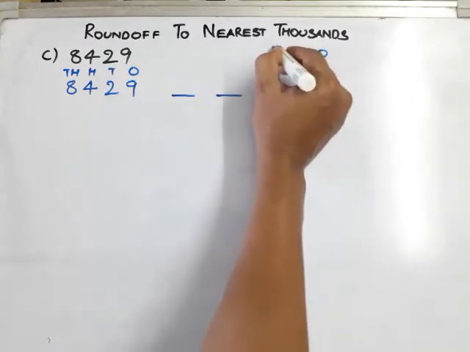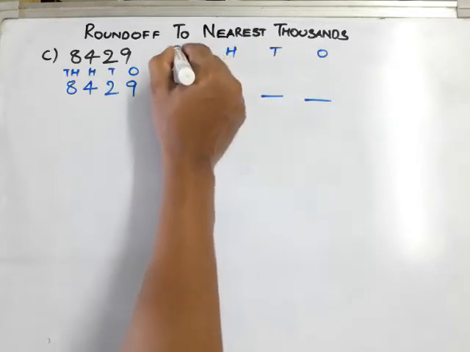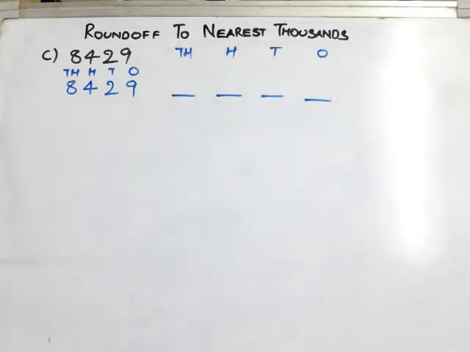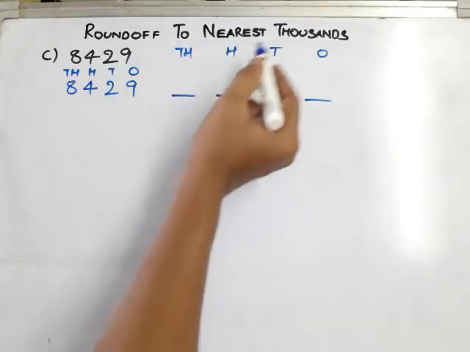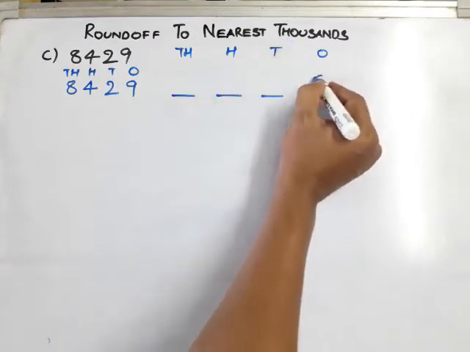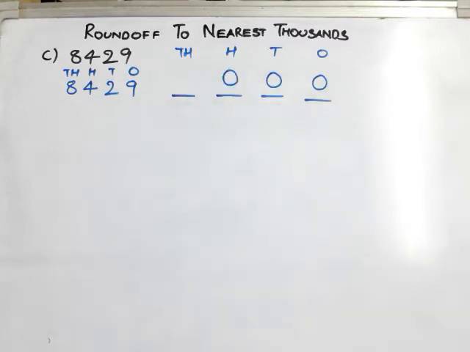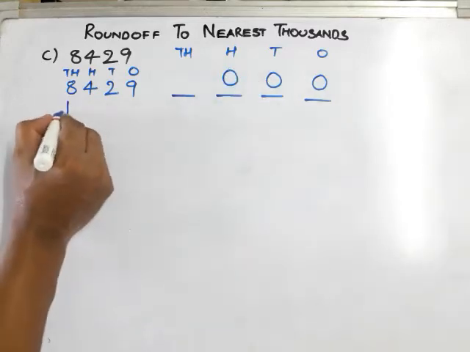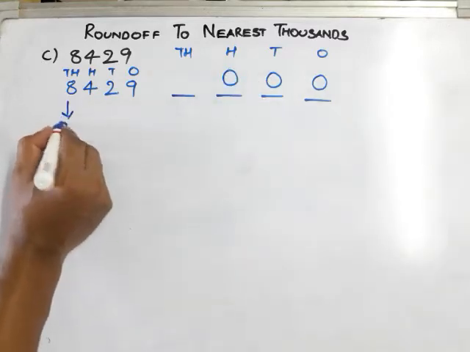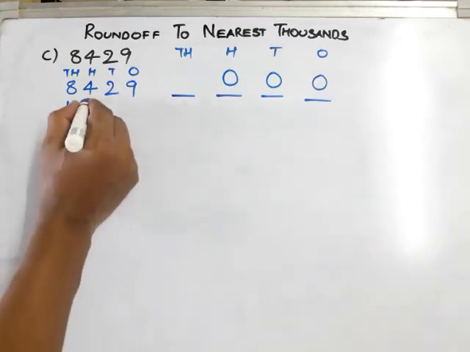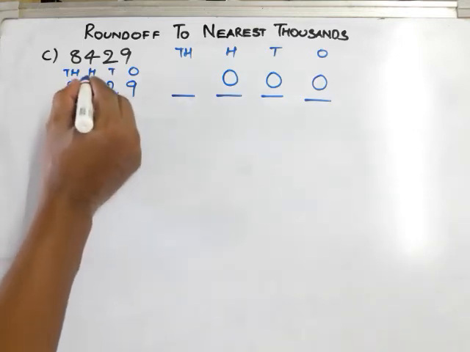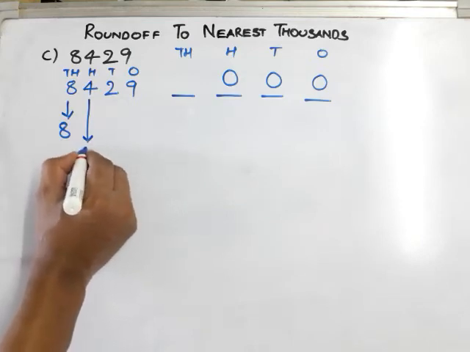Now look, as we have to round off to the nearest thousand, what do we do with the digits of ones, tens and hundreds? We have to replace them by 0. In the thousands place we have 8 as a digit, and to fix the value for it, we will check the digit in the hundreds place, which is 4.